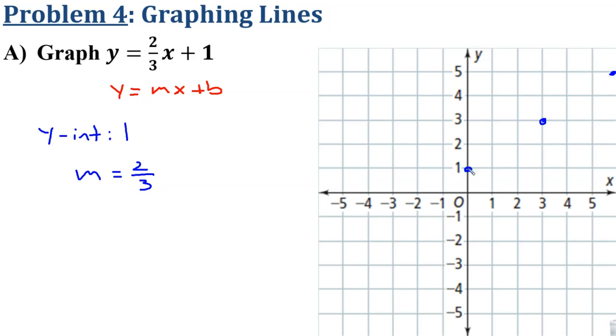And the same idea in the other direction, we can go down 2, left 3, down 2, left 3, and put all those points on our graph. All right, that's graphing in our slope-intercept, our y equals mx plus b form.